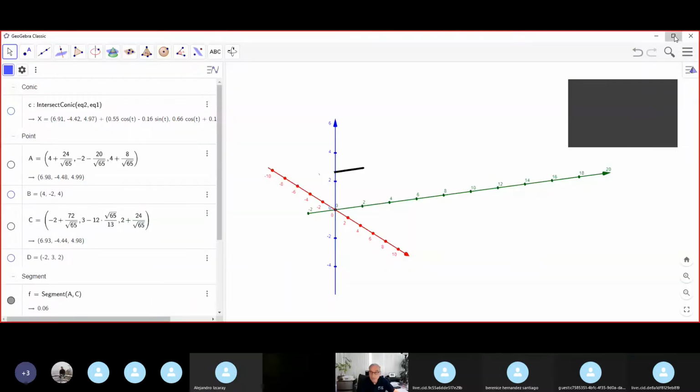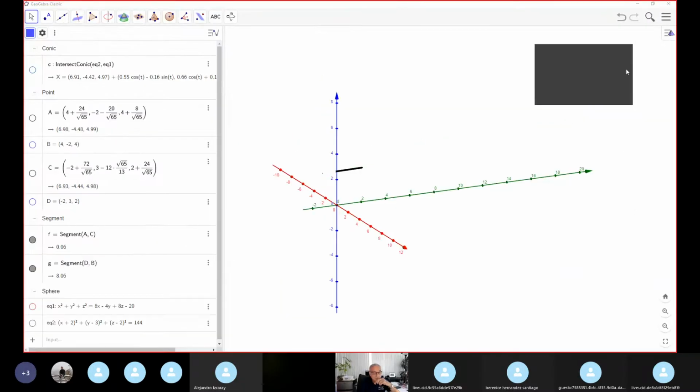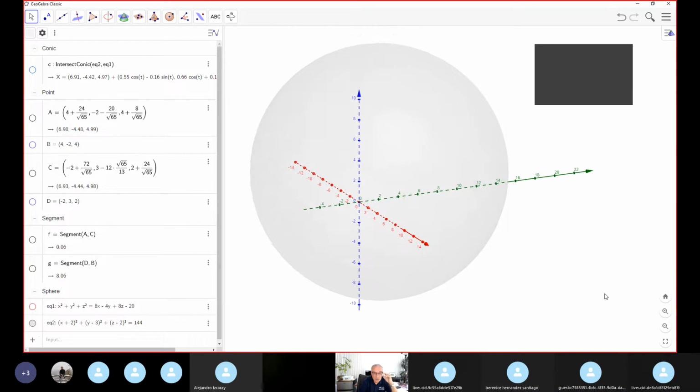Do you see the GeoGebra script or simulation? Okay, let's do it. The big sphere is this one. Boom. Wow. When you are doing your script in GeoGebra, little by little you learn.